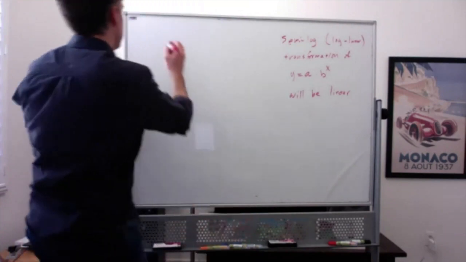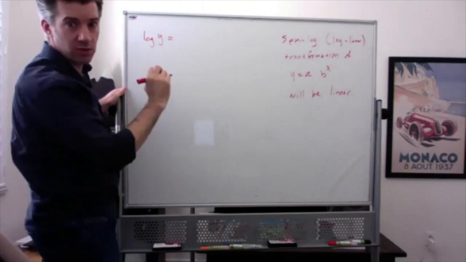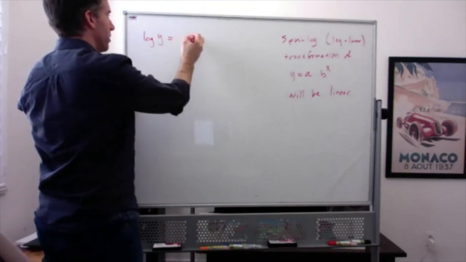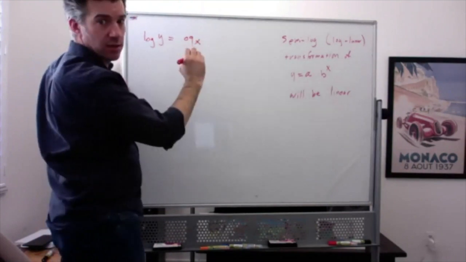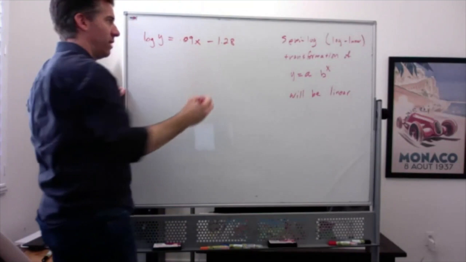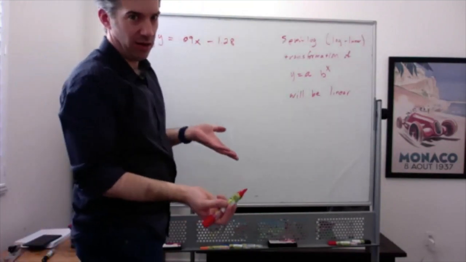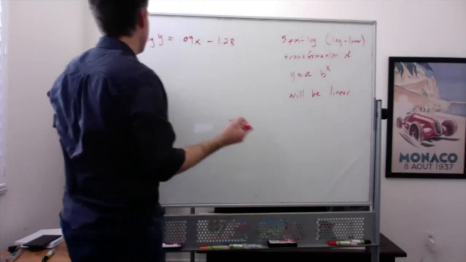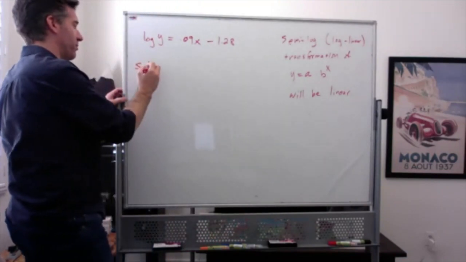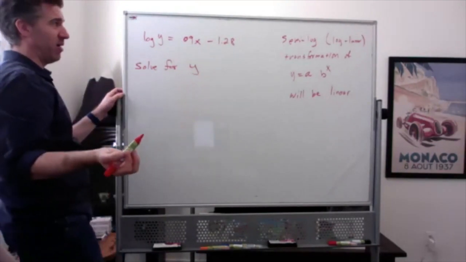If this is our equation, log of y equal to 0.09x minus 1.28, I know I should be able to write this as an exponential equation because it's semi-log, or a power equation. Either way, I'm trying to solve for y, and the way I'm going to do that is by raising both sides as powers of 10.